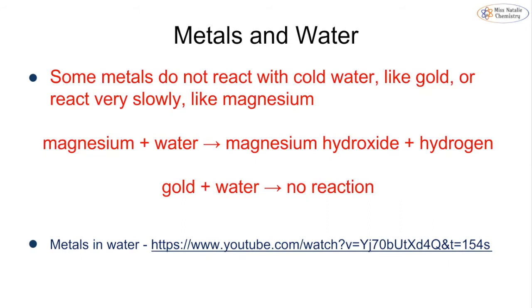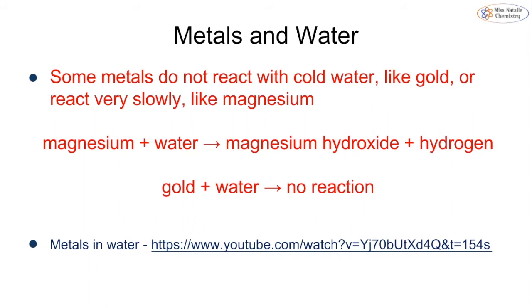Now, some metals do not react with cold water, like gold, or they react very, very slowly, like magnesium. Magnesium can still react, and we make magnesium hydroxide and hydrogen. We're not going to try a symbol equation for this because this is a little bit more challenging, but we still make our hydroxide and our hydrogen, whereas gold, when we add it to water, has no reaction.